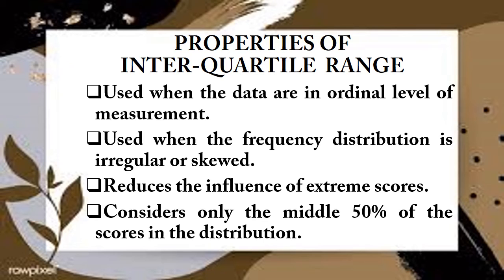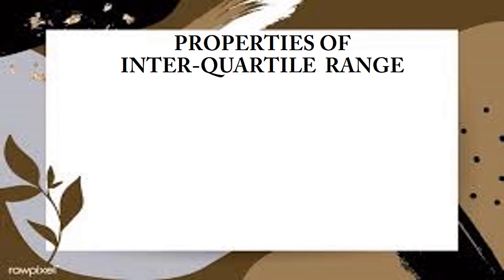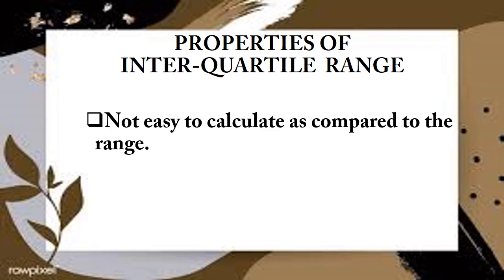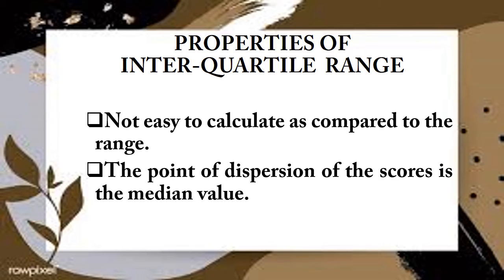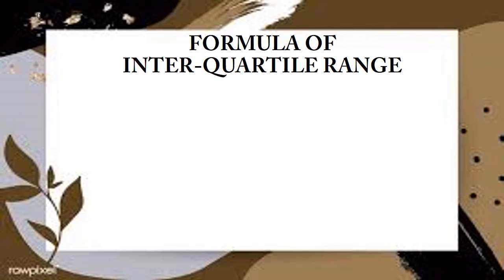It reduces the influence of extreme scores and considers only the middle percent of the scores in the distribution. It is not easy to calculate as compared to the range. The point of dispersion of the scores is the median value. The formula of the interquartile range is equal to the third quartile minus the first quartile.